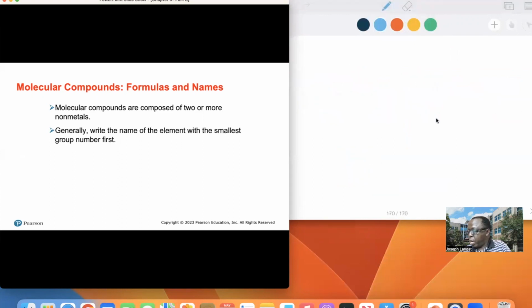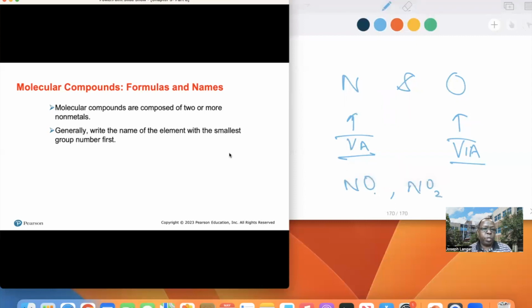If you look at nitrogen and oxygen, nitrogen is group 5A and oxygen is group 6A. So we start with the lowest number: NO, NO2. That's what this bullet point means, that we generally write the element with the smallest group number. That's the criteria for writing the correct chemical formula for molecular compounds.